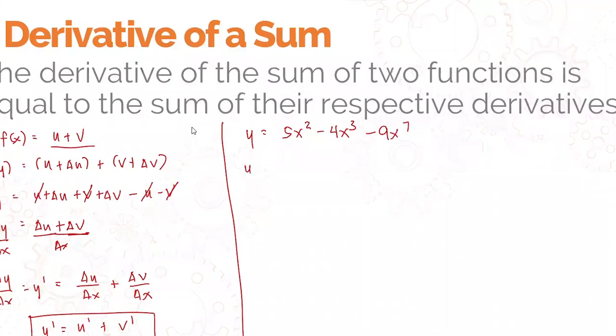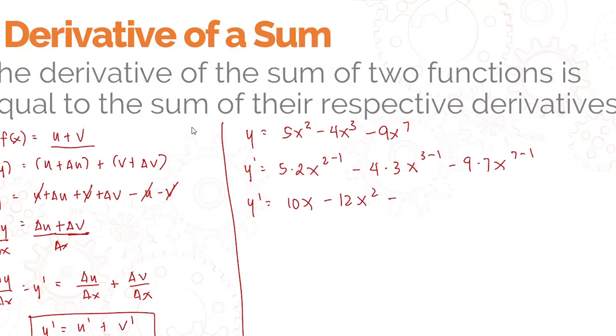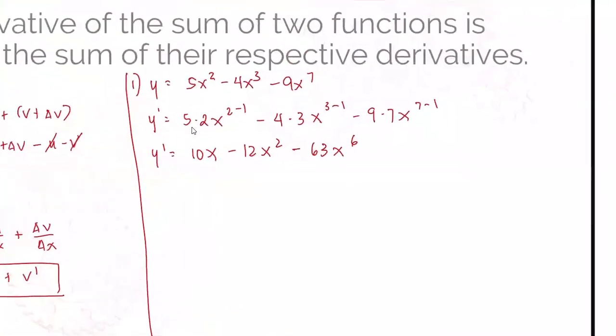So, y prime will be equals to 5 times 2 times x^(2-1) minus 4 times 3 times x^(3-1) minus 9 times 7 times x^(7-1). So, y prime will be equals to 10x minus 12x^2 minus 63x^6. So, this is our first example. We performed it individually, by each term.